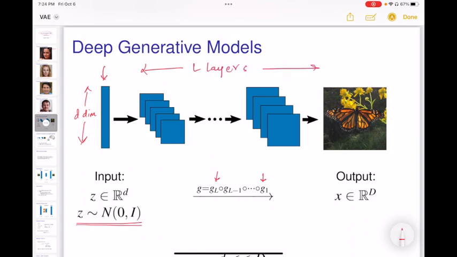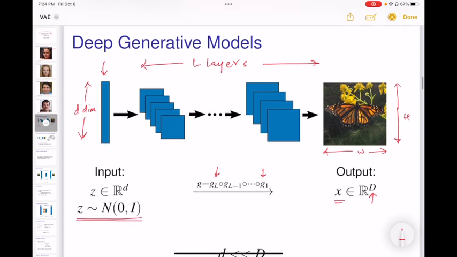Eventually it outputs a data point X, which is in capital D dimensions. Here it would be whatever the height of the image is, times the width of the image, times the number of channels. The number of channels in color images is generally 3.